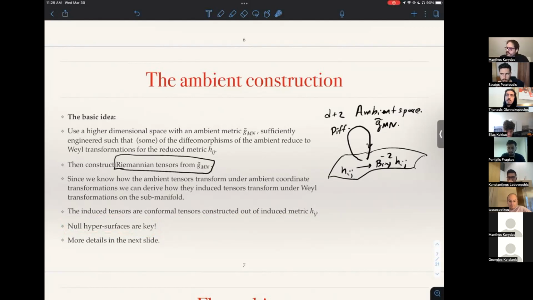Does this diffeomorphism preserve the subspace? It does, yes. It will turn out that it does. And the subspace is D-dimensional, or it doesn't matter? Yeah, so the subspace, as I draw it here, is D+1 dimensional, and that will be a null hypersurface.